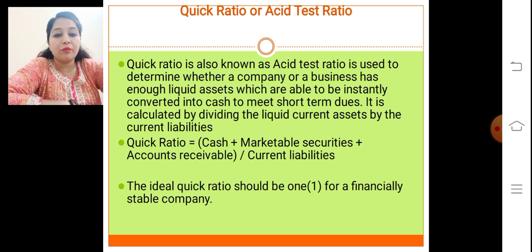So this is the formula: quick ratio is equal to cash plus marketable securities plus accounts receivable upon current liabilities. The ideal ratio is 1:1 for a financially stable company. If the quick ratio is less than 1, it means the company's financial stability is not good.